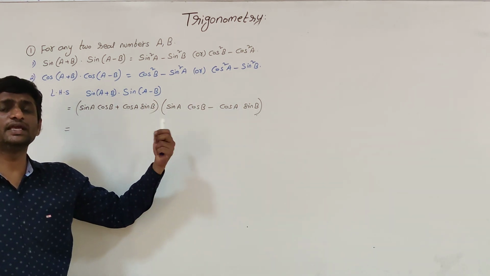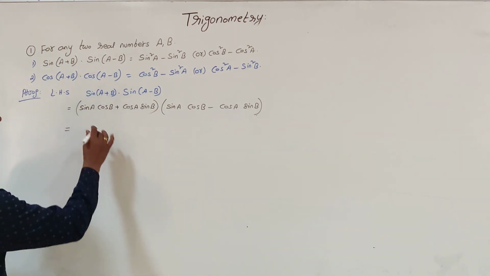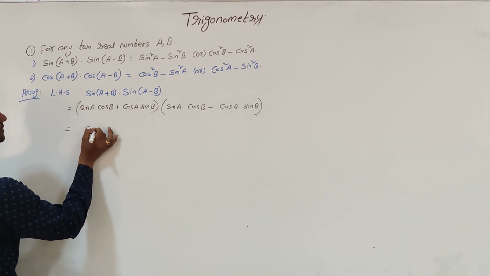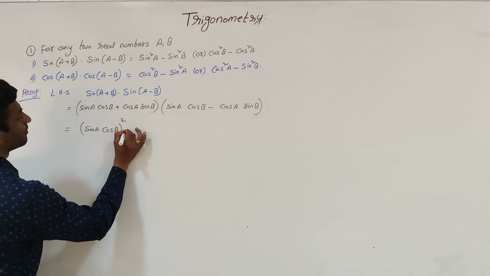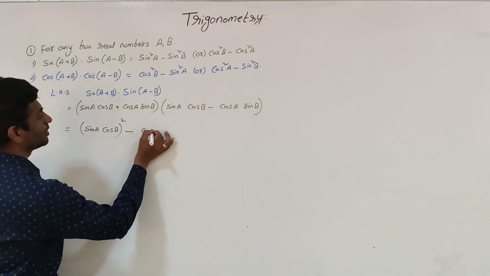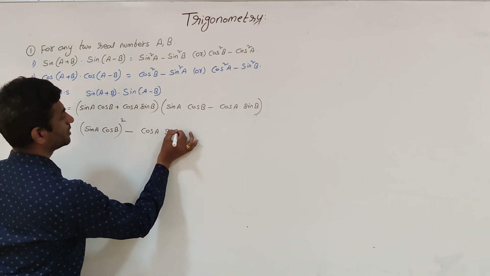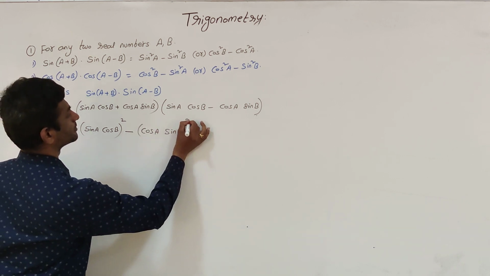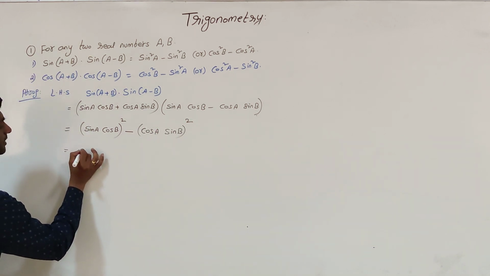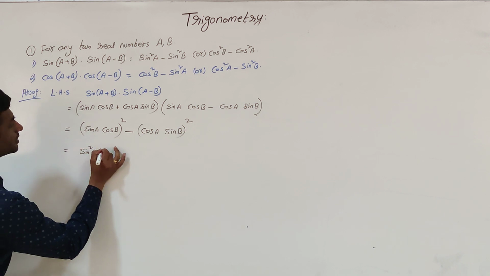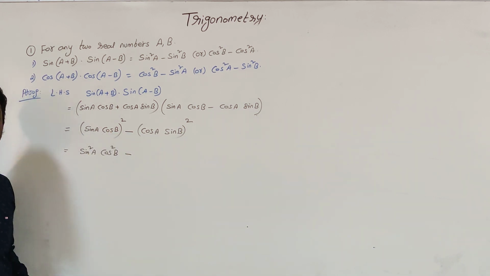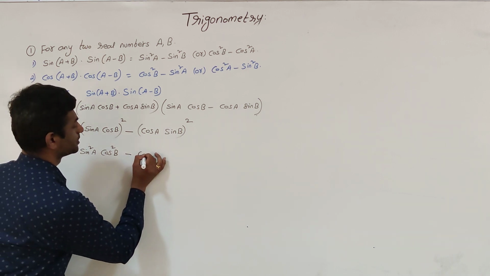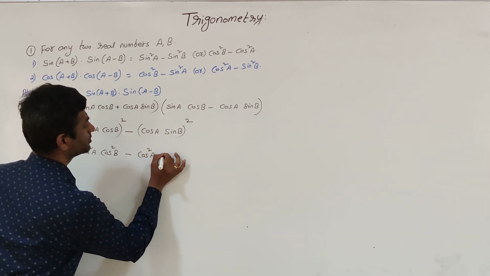That will be a square minus b square. So we have sin A cos B whole square minus cos A sin B whole square. If you simplify, it will be sin square A cos square B, minus cos square A into sin square B.